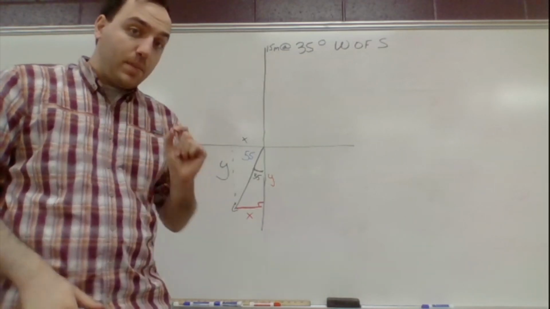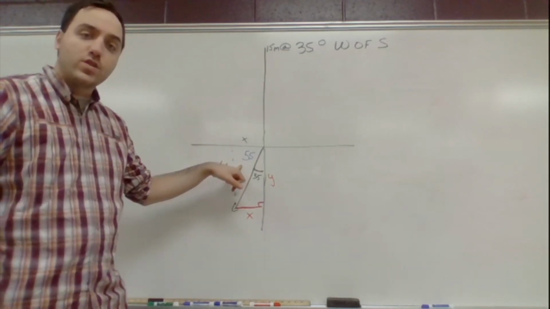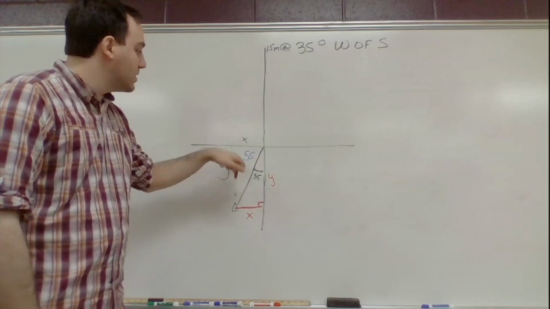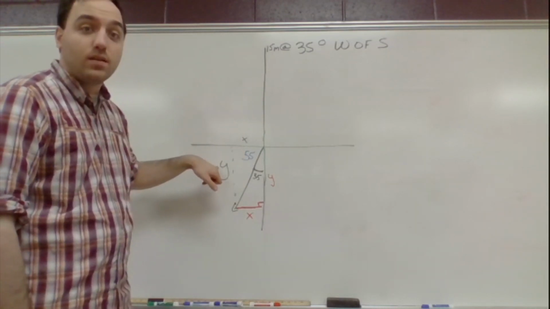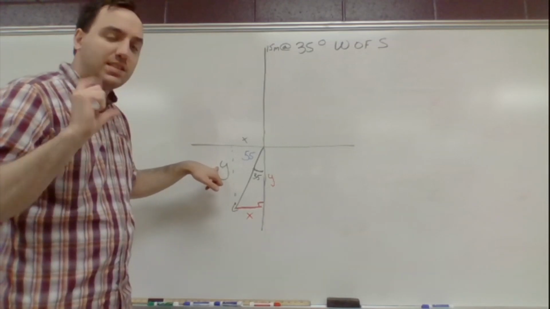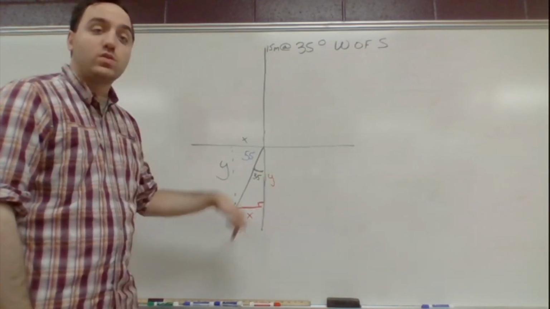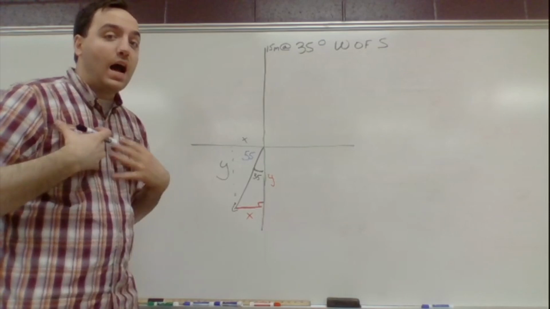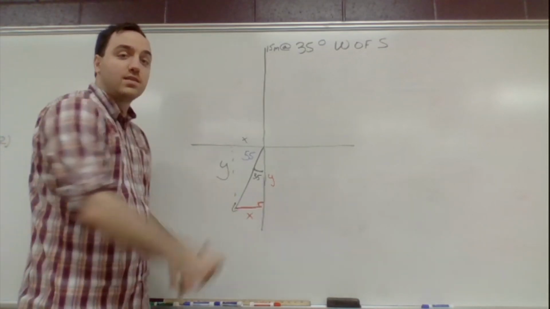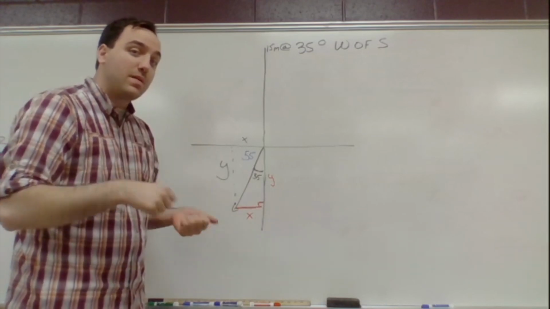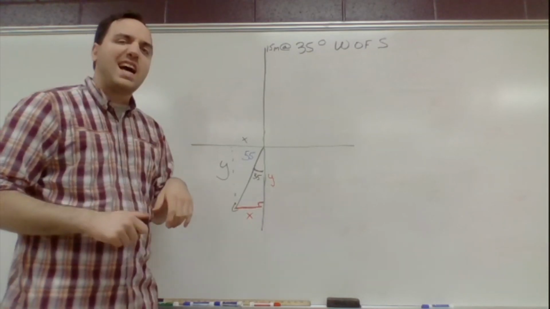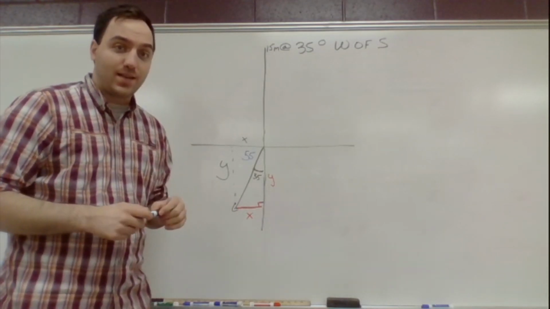The main benefit to always tracing to the x-axis is your x will always be cosine and your y will always be sine. If you trace to whatever axis is nearby, that might switch every so often. I personally will trace to the nearest axis because I can do sine and cosine like that. But if you have trouble remembering which one goes where, I suggest tracing always to the x-axis.